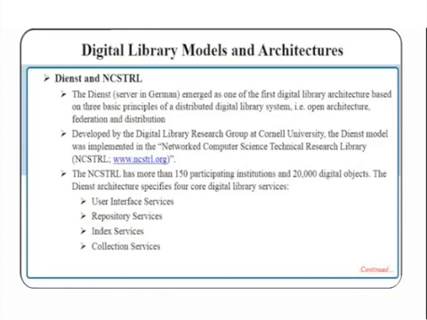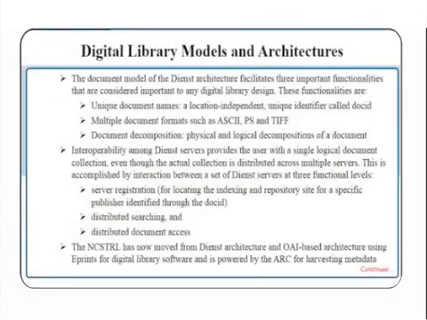The DIENST architecture specifies four core digital library services: user interface service, repository service, index service, and collection service. The document model of DIENST architecture facilitates three important functionalities that are considered important to any digital library design. These functionalities are unique document name, multiple document formats, and document decomposition, that is, physical and logical decomposition of a document.